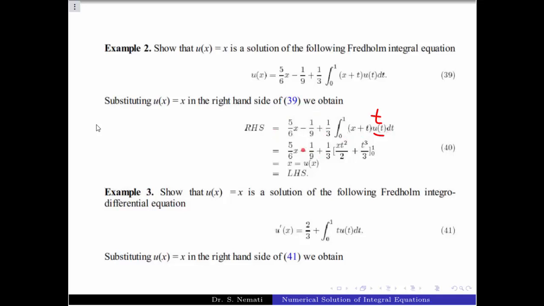This part remains unchanged, so I write it down, and here I take the integral from the second part. We actually have x times t plus t times t, which gives t squared.